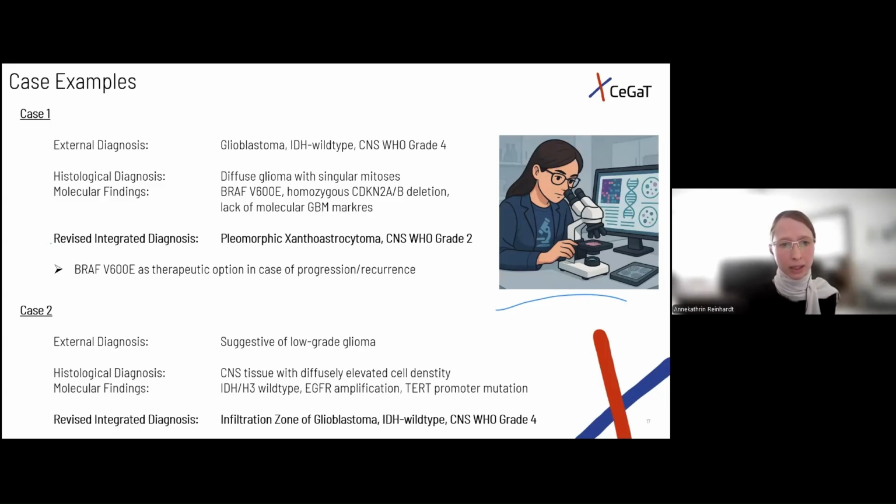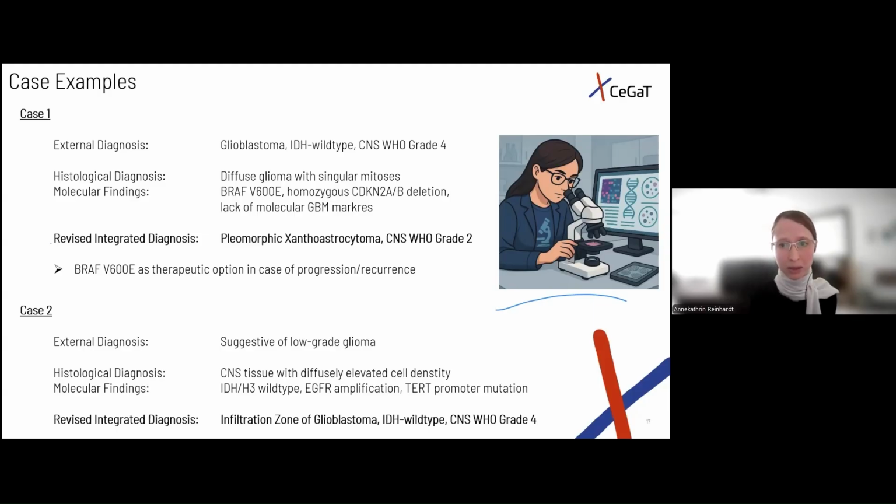We saw a diffuse glioma with singular mitosis only and no necrosis, no vascular proliferation, so nothing really helpful in this case of histology. Our molecular findings were BRAF V600E mutation, a homozygous CDKN2A/B deletion, and lack of molecular markers which would hint to glioblastoma. And that's why our revised integrated diagnosis was pleomorphic xanthoastrocytoma CNS WHO grade 2.